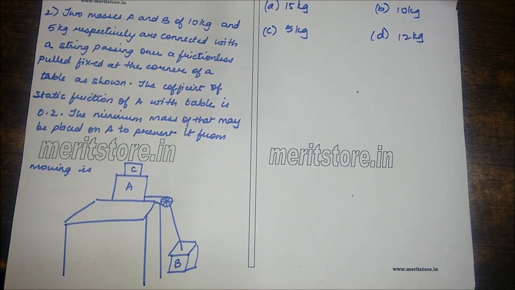Two masses A and B of 10 kg and 5 kg respectively are connected with a string passing over a frictionless pulley fixed at a corner of a table as shown. The coefficient of static friction of A with the table is 0.2. The minimum mass of C that may be placed on A to prevent it from moving is. So now we know limiting condition.